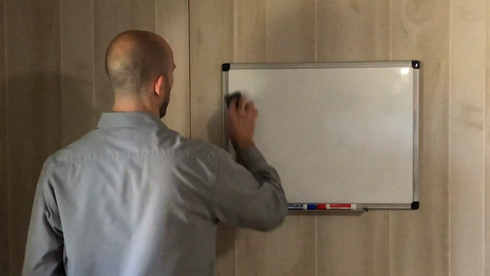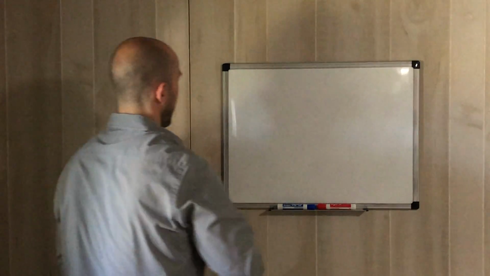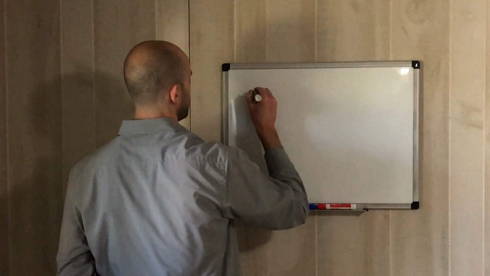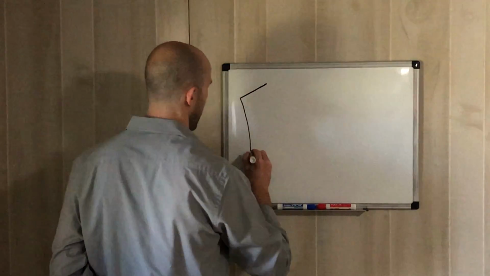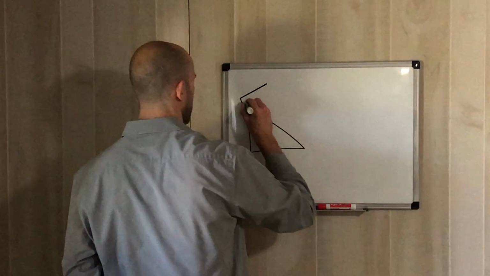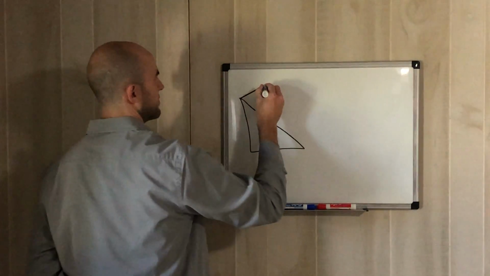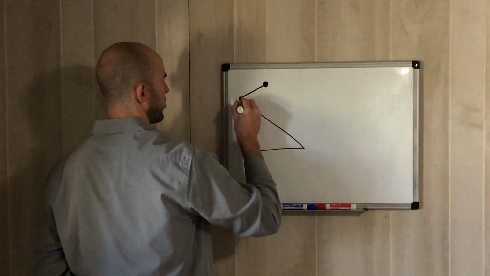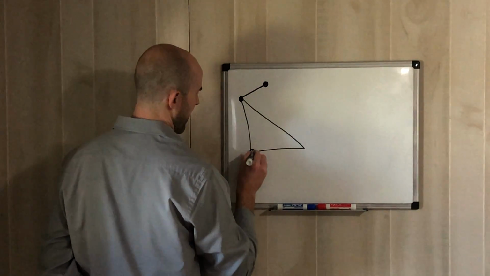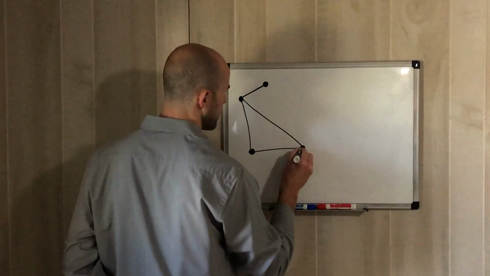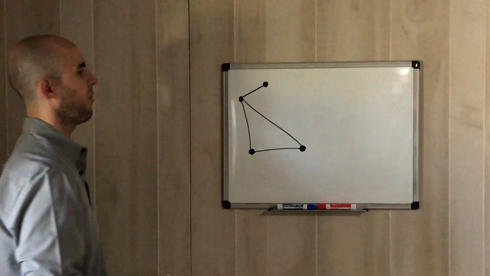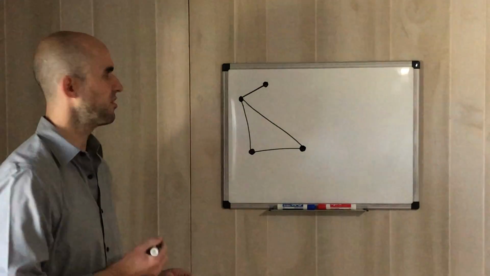It's about getting in the habit of it and being comfortable with it as well. So let's say now that I had something that looked like that. We have this, we have that, we have that, we have this. And let's say I wanted to figure out whether this is an Euler circuit or not.